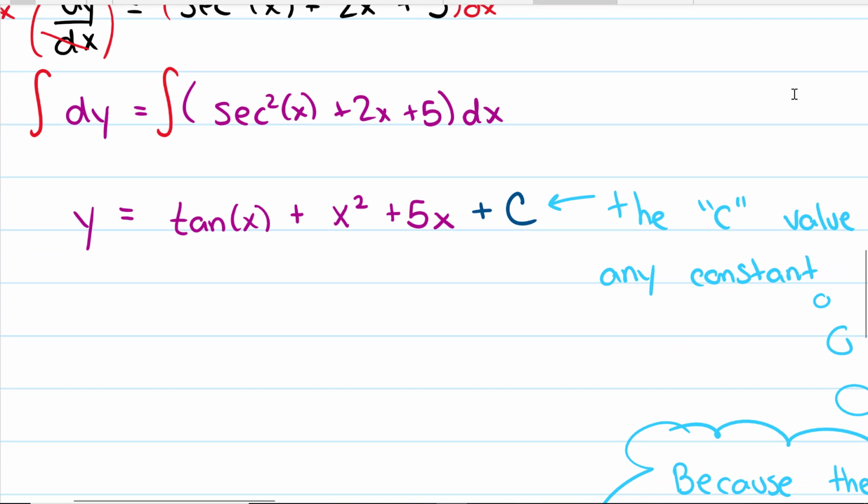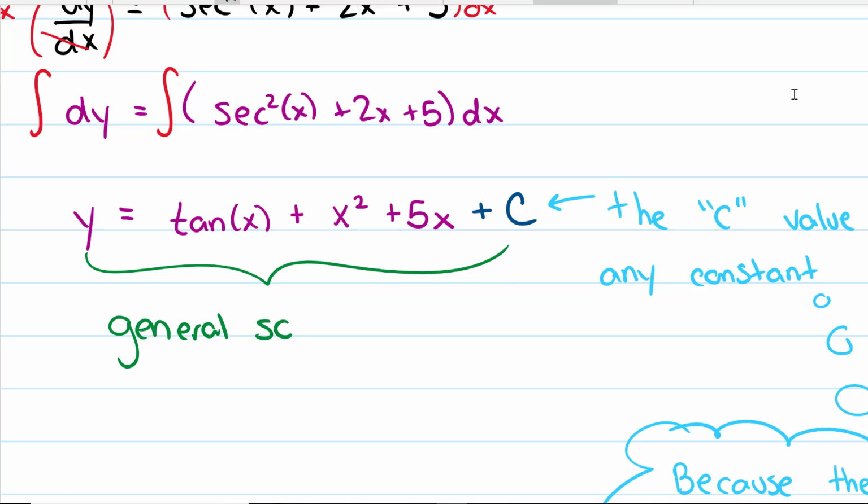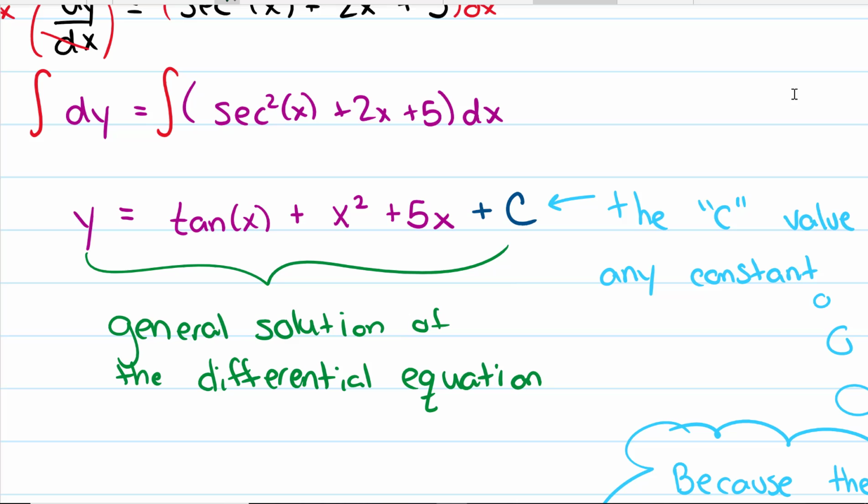So when you get this function, we call this the general solution of the differential equation. We call this a general solution because I can make c equal 5, 6, 7, 8, negative 10, 1/5. It doesn't matter.